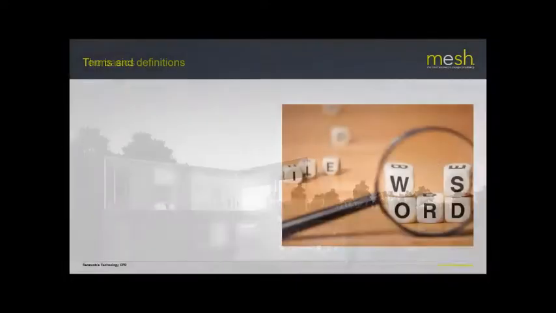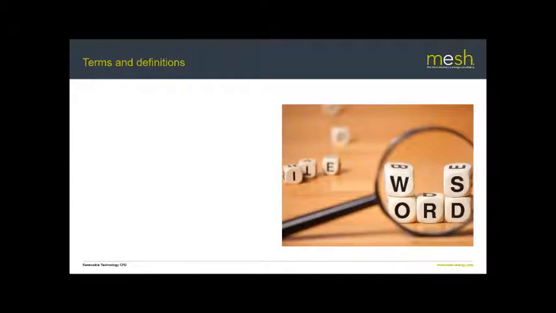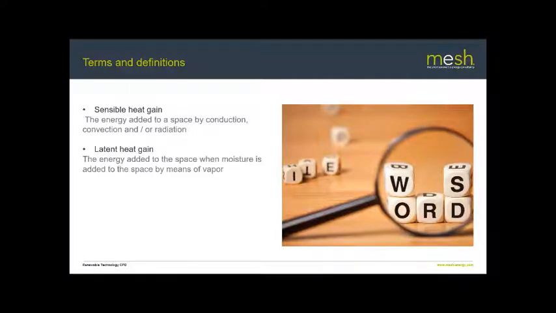Let's look at some of the basics. We'll start with some terms and definitions, as these are important to understand some of the later parts of this presentation. Sensible heat gain is the energy added to a space by conduction, convection, or radiation. Latent heat gain is energy added to the space when moisture is added to the space by means of a vapor.